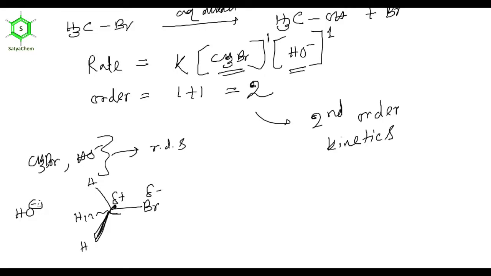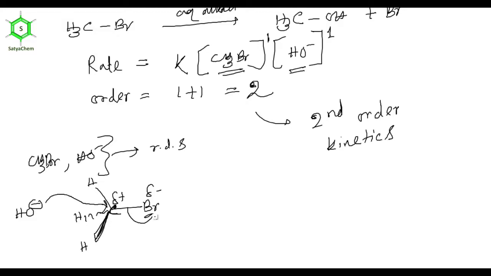So HO minus obviously attacks the delta positive charged carbon. When it attacks, the interaction between carbon and hydroxyl ion makes carbon pentavalent, which is not possible. So one group must leave from the system, that is Br.